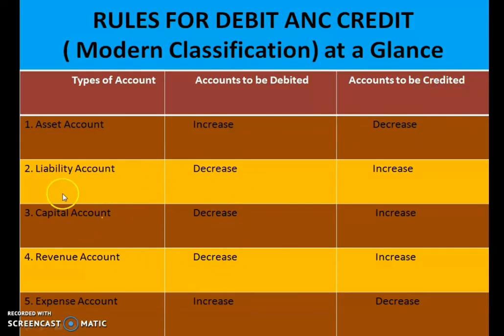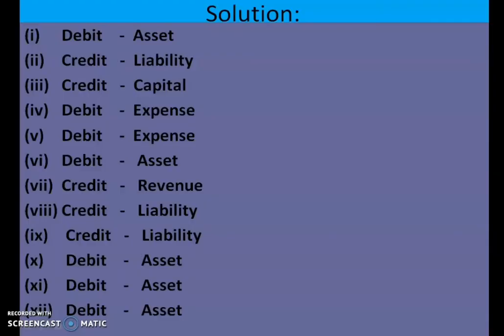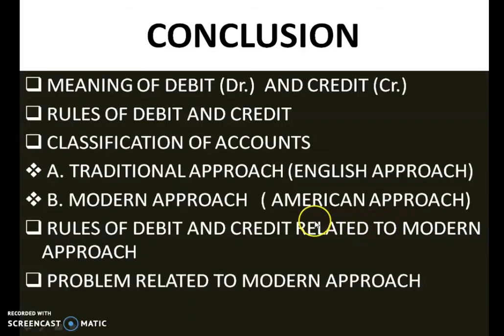Opposite is the case with liability, capital and revenue. If liability is decreasing, you have to show it on the debit side. If it is increasing, show it on the credit side. So for these three accounts the rule is the same, and for asset and expense accounts, the rule is the same. See children, you have to practice this problem as many times as you can. Many problems are there in your textbook, so take a problem and practice it.